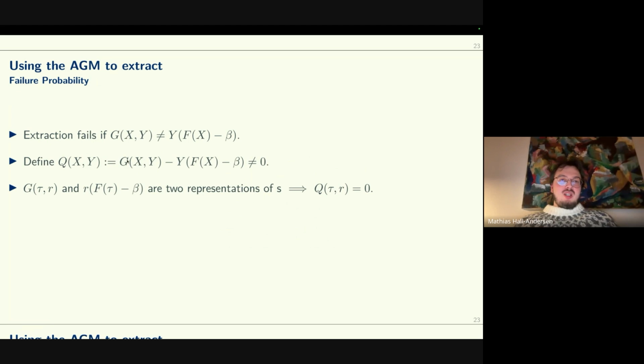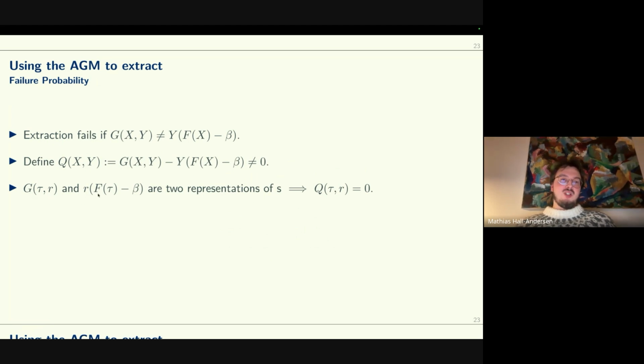Now, the trick here is that this is my representation of S that I got from the adversary. And this is the representation that my game computed, right? When it was computing the ciphertext, it computed an S because it needed to compute the key. So this is the representation that we computed, and this is whatever the adversary computed.